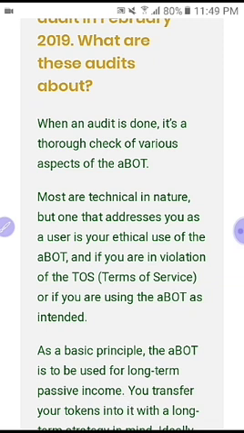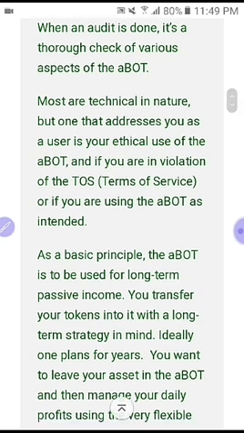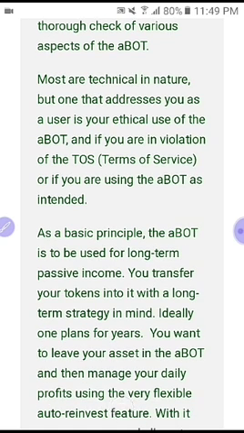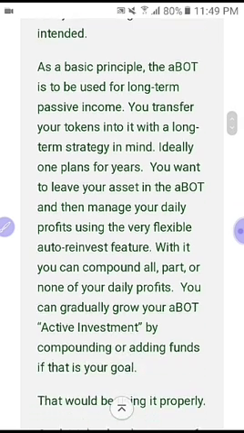The answer is, when an audit is done, it's a thorough check of various aspects of the IBOT because most are technical in nature, but one addresses you as a user, your ethical use of the IBOT. And if you are in violation of the TOS, that means the terms of service, or if you are using the IBOT as intended. Also, as a basic principle, the IBOT is to be used for long-term passive income.